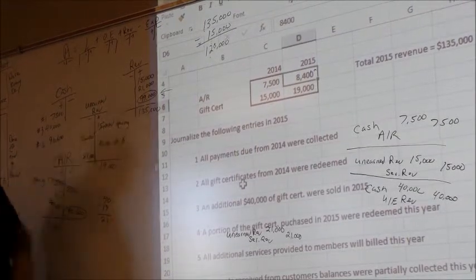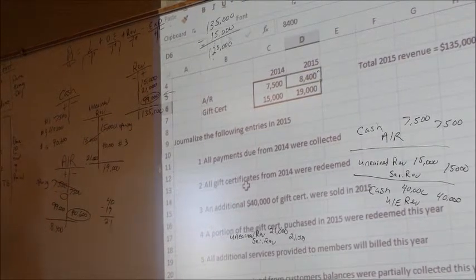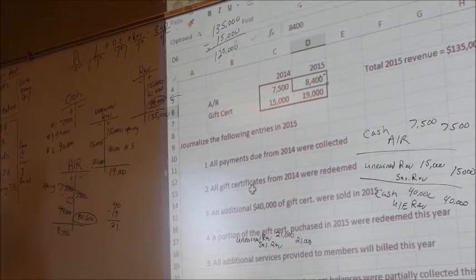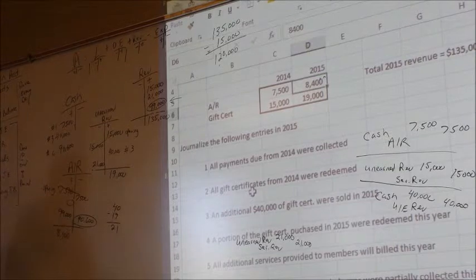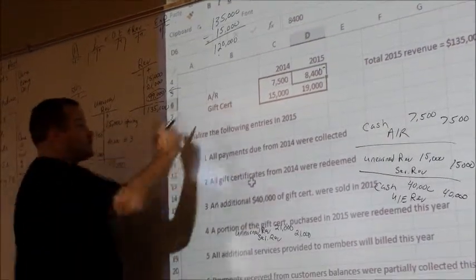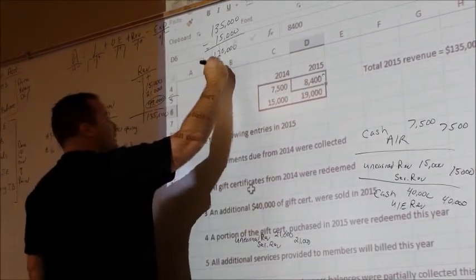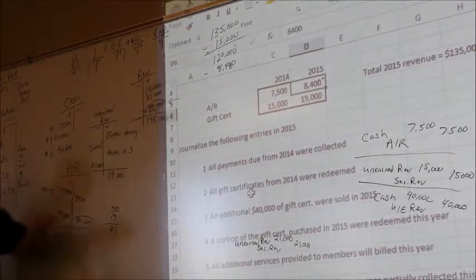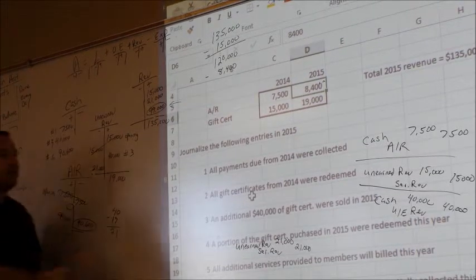Did I get cash for $99,000? No, I didn't quite get cash for $99,000. I got the 90,600. So I really missed out on 8,400. Of that 99,000, 8,400 of it is still left to be paid.